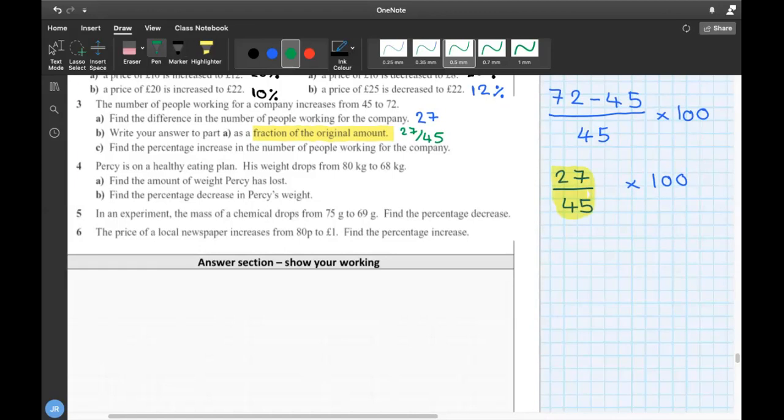And then finally, we're trying to find what the actual percentage increase was. So we would do 27 divided by 45, and you would get 0.6 there. Multiply that by 100, and you find that that is 60%. So from 45 to 72, that is an increase of 60%.